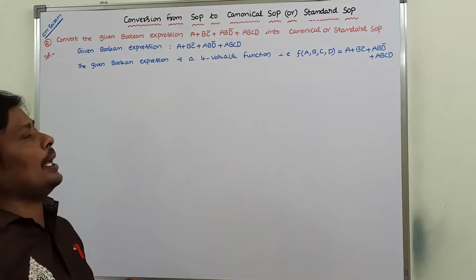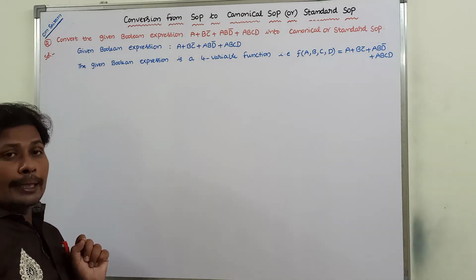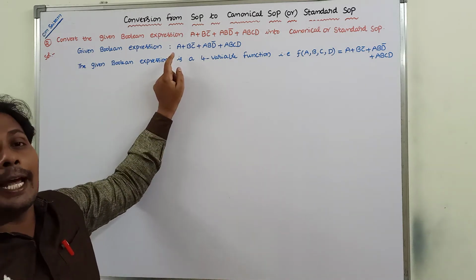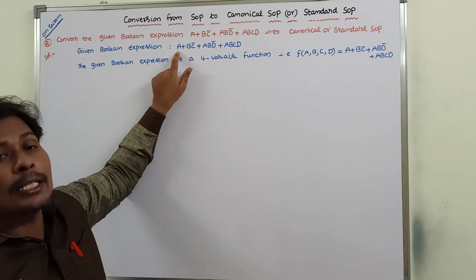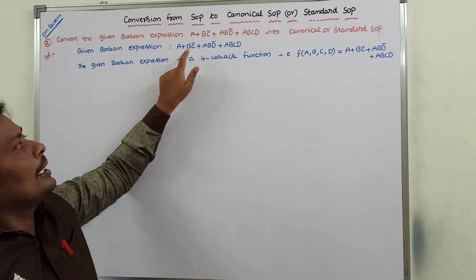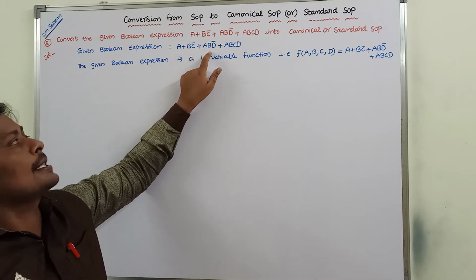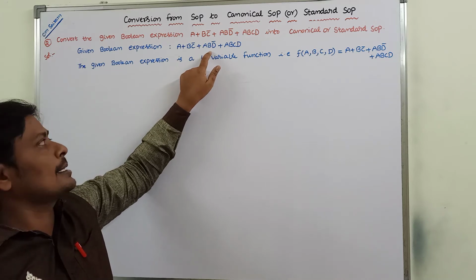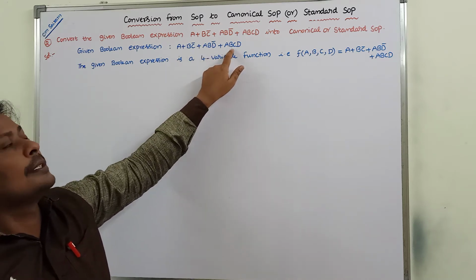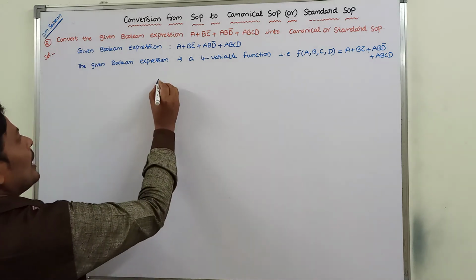After observing each and every term in the given Boolean expression: in the first term the variables b, c, d are missing. In the second term a and d are missing. In the third term c is missing. In the fourth term no variable is missing.